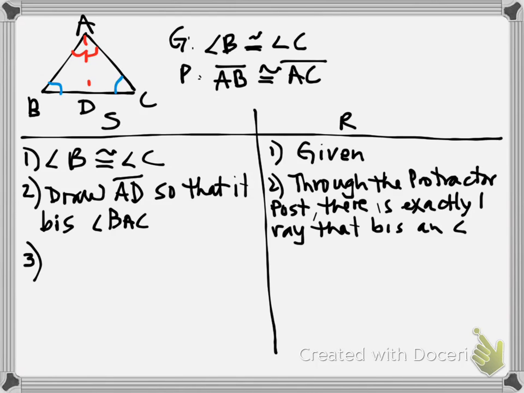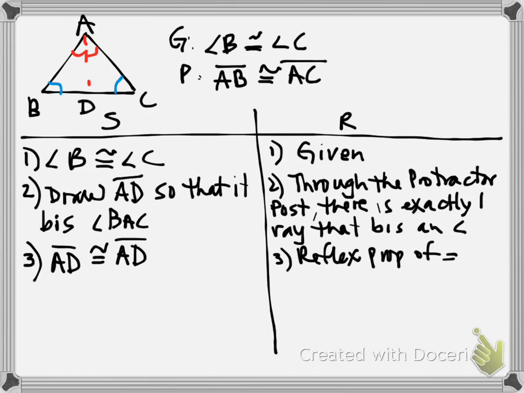Okay, so from there we can at least get segment AD is congruent to itself through the reflexive property. Okay, so the two angles we have aren't working for us. We need the third angle, because then that would give me angle BAD, segment AD, angle BDA.